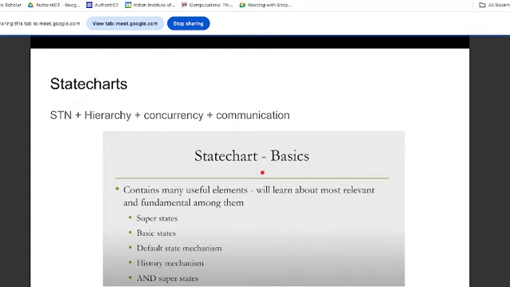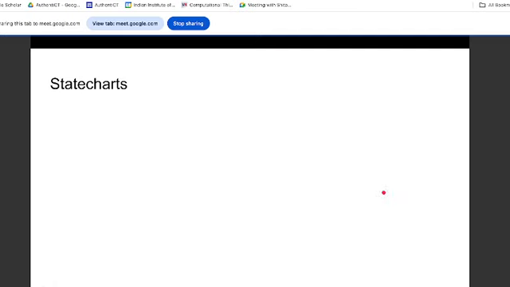So let's look at the basics of the state chart. It contains many useful elements: super states, basic states, default state mechanism, history mechanism, and so on. We will study these in the next few slides, starting with super states.